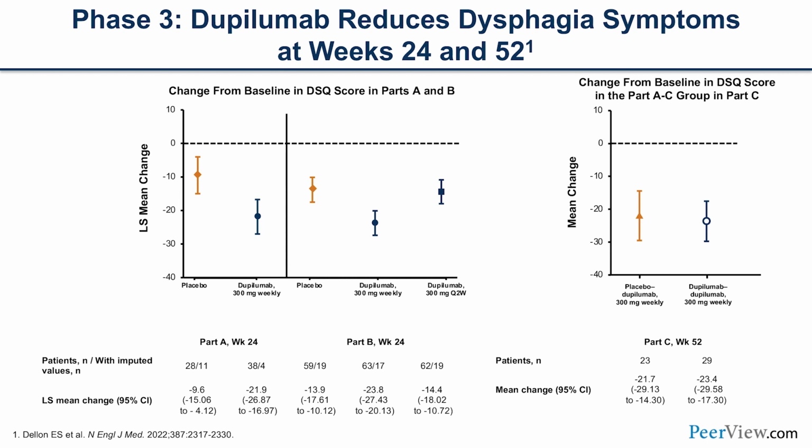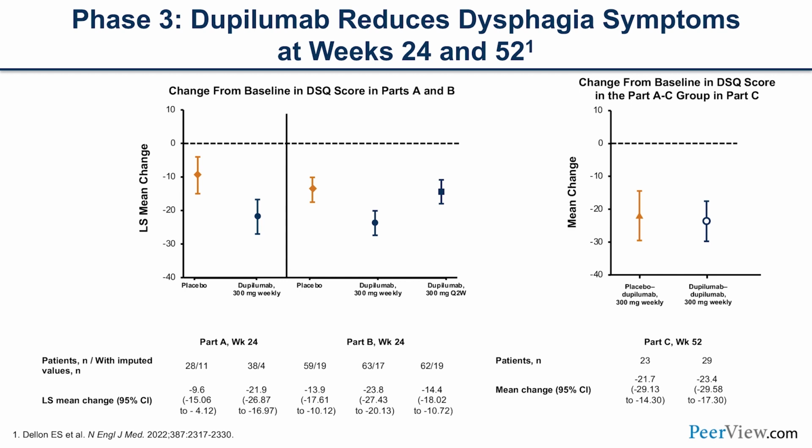Then the next study, which was called Part B of this phase 3 trial, placebo was compared again to weekly dupilumab or to dupilumab every other week. And here, again, we saw a significant symptom improvement in dysphagia with weekly dosing, but interestingly enough, not with the 2-week dosing.